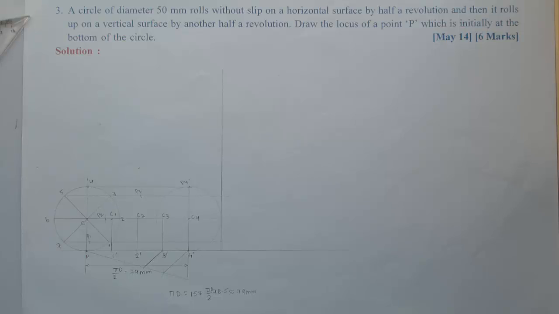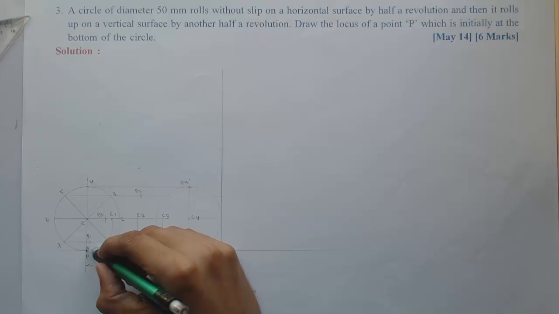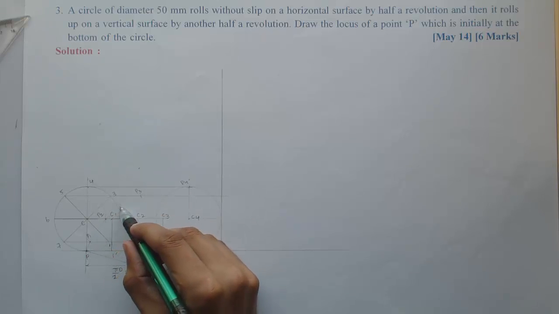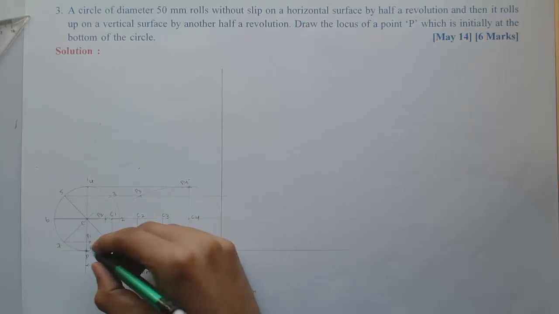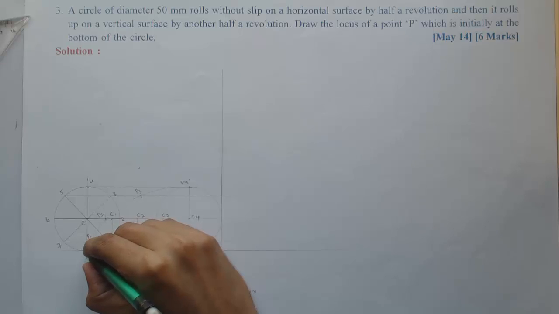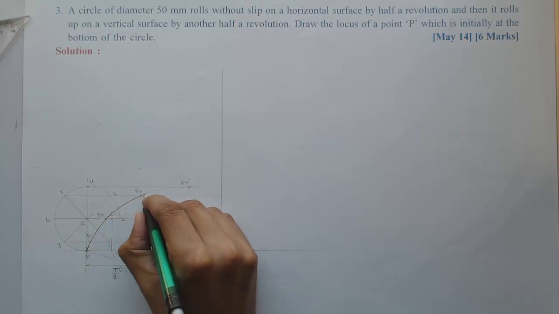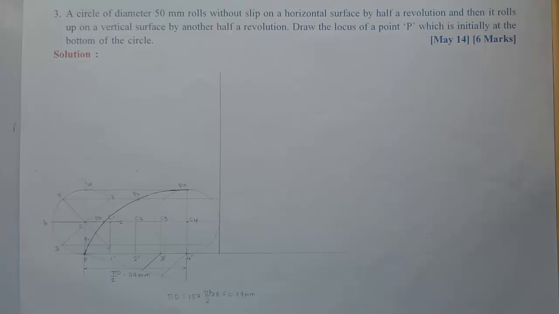So now I can join the arc for the first half a revolution by a smooth curve. So initially joining by a light line up to P4. So I can make it dark now. Okay.